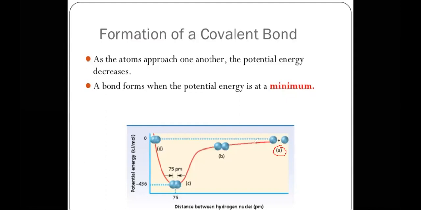When we are lowering the energy, they come closer to position B, and then slowly decrease more, and they come to position C, where the covalent bond is formed. At point C, the covalent bond is formed. This 75 picometers gives you the distance between the hydrogen nuclei.